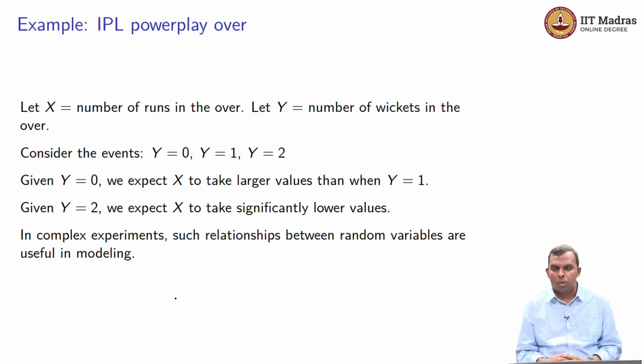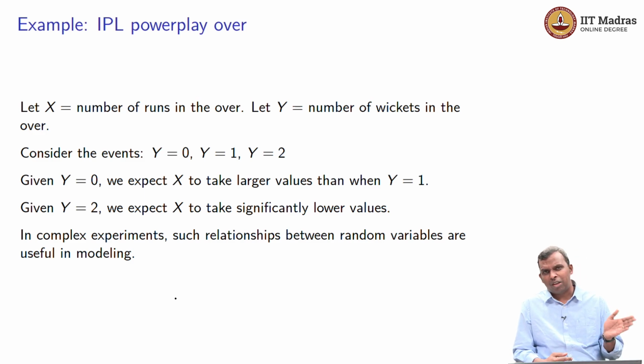Okay, so these kind of relationships are very important when you try to model complex experiments, and this is something that's routinely done when we want to write down distributions. Particularly when we want to understand data, this kind of thinking is very useful.